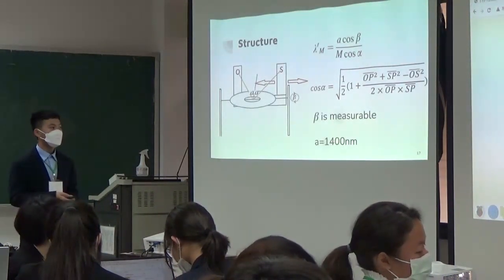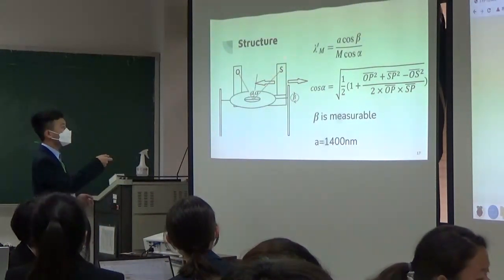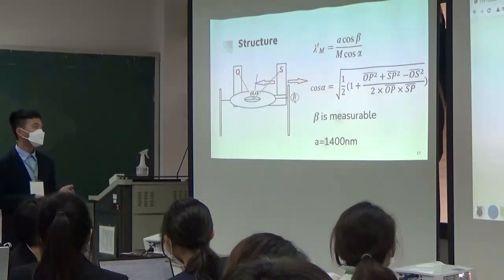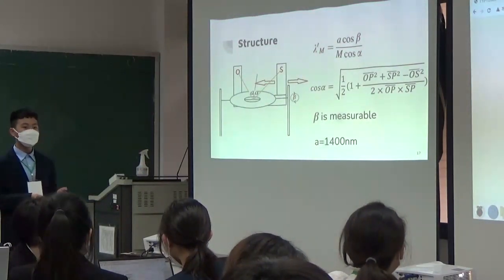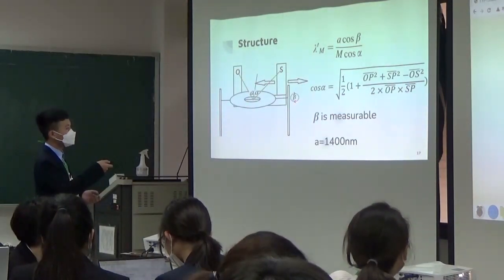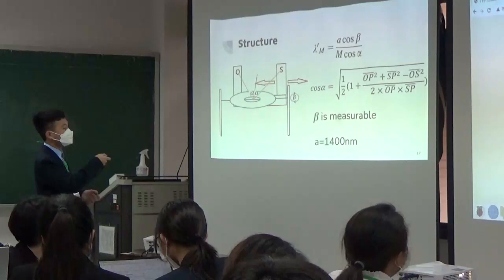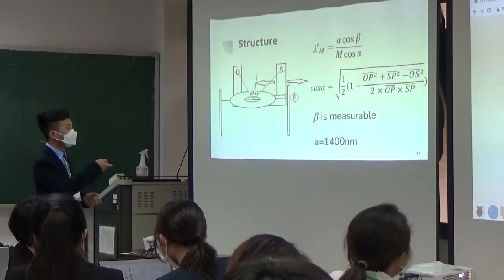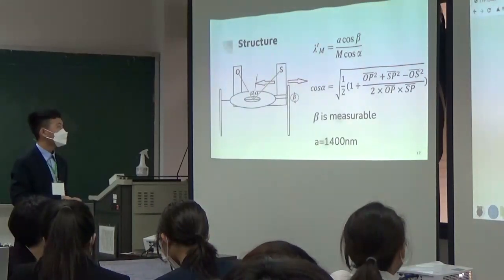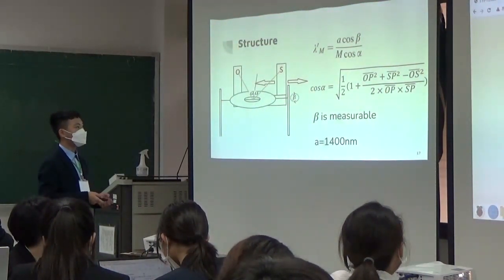This is how our structure is made. S is the light source, and O is the observer, which is connected to the spectrometer. This is the CD plate, alpha is the angle between S and O, and beta is the inclination of the disc. How do we measure cosine alpha?